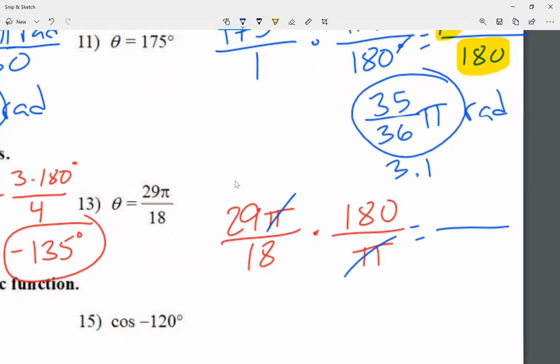On the top, I have 29 times 180. At the bottom, I have 18. I'm going to use a calculator: 29 times 180, divided by 18. So I end up getting 290 degrees.